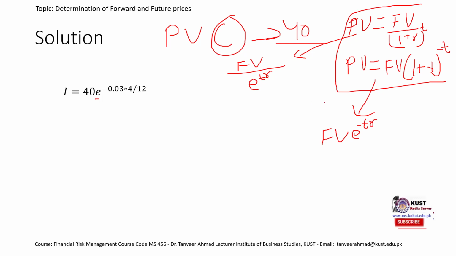Okay, so once we have understood this, it would be easy for us to understand this equation. This equation is nothing but we are going to find the present value. So FV into e raised to power minus RT. This is how we have written it.